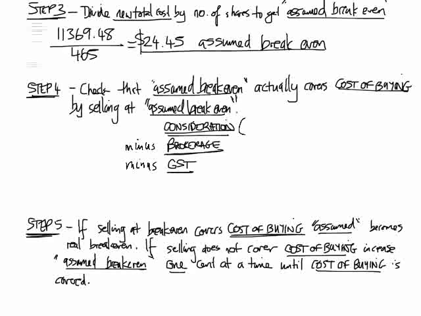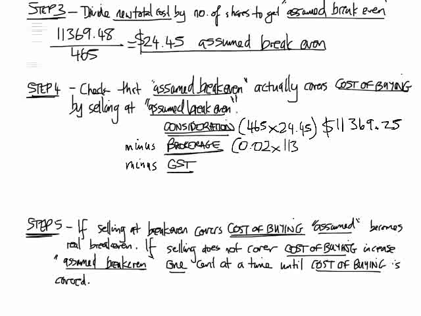So the consideration is going to be 465 shares sold at the assumed break-even of $24.45. So $24.45 times 465 is a consideration of $11,369.25, brokerage of 2% of the consideration.